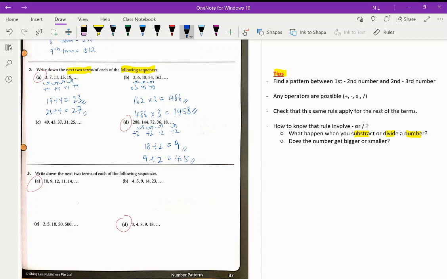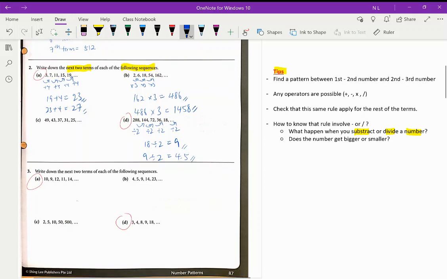Does it mean that the numbers in my number pattern can be decimal or fraction? Yes, it can be. But you need to look at the context of the question. So if, let's say, the question involves shapes like triangles, and you know that we cannot have half a triangle, then you need to check your answers.